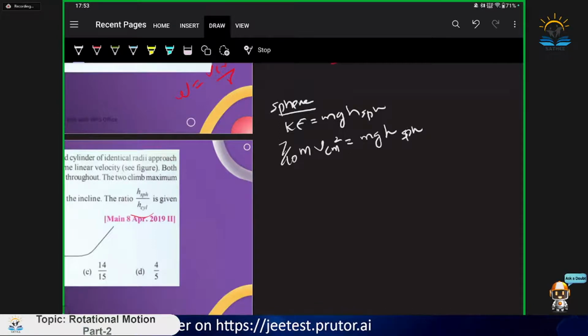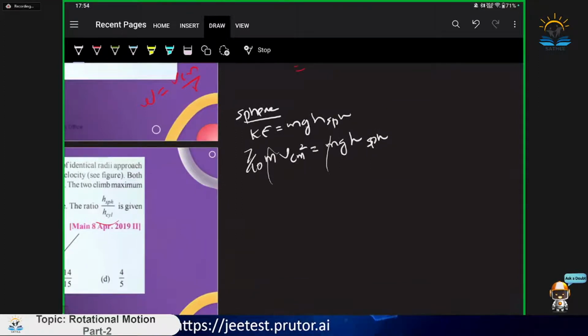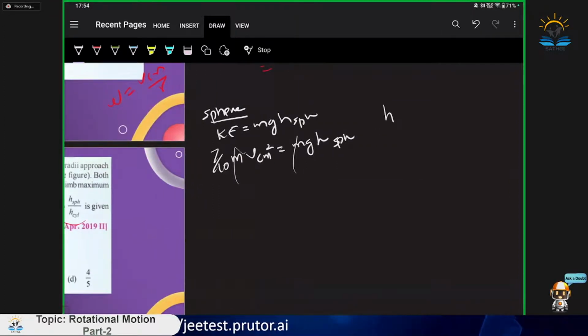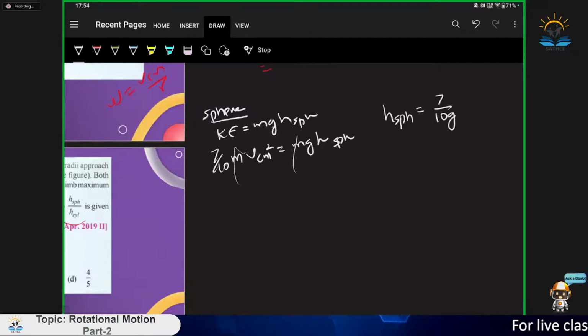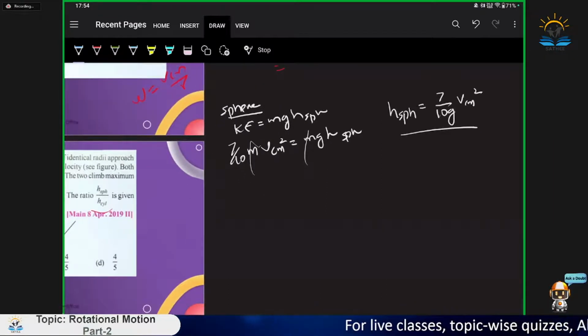So h sphere will be 7 by 10 g VCM square. Likewise, we have to solve for cylinder also.